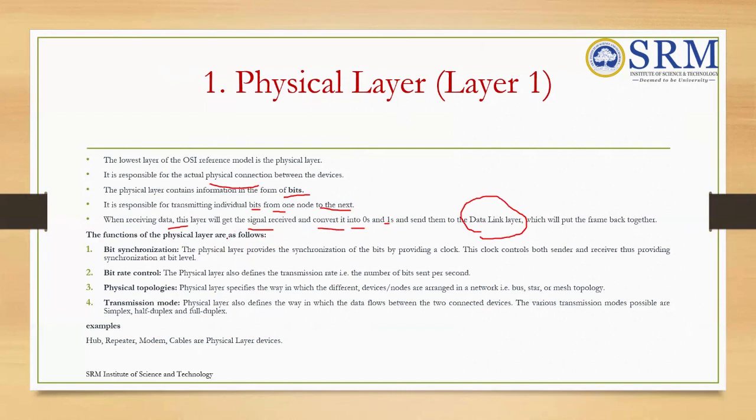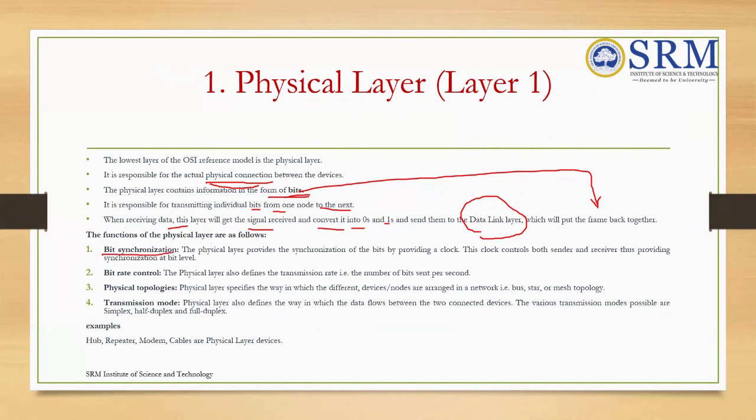In data link layer, these bits will be converted into frames. So the main thing that we have to remember, the physical layer is the physical connection between 2 or many devices, and the data will be represented in the format of bits. What are the functions that we have to maintain in physical layer?